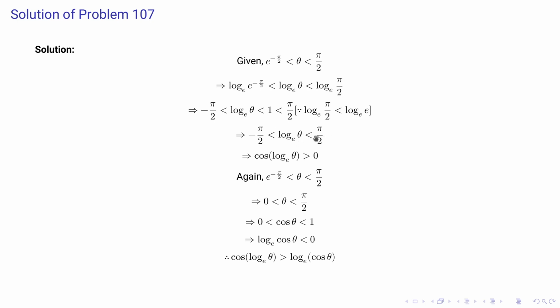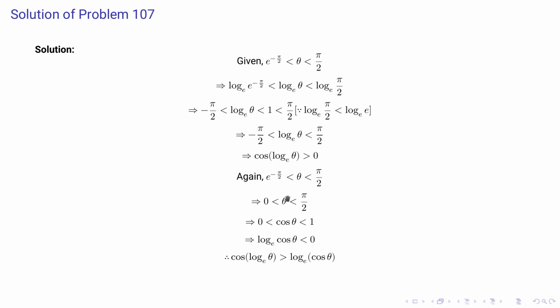Now if we take cos of this, then in this range minus pi by 2 to pi by 2, cos of that angle is greater than 0. That is, cos of log theta with base e will be greater than 0. And we write the condition again. Now e to the power minus pi by 2 is greater than 0, so we can write this as 0 is less than theta, which is less than pi by 2.